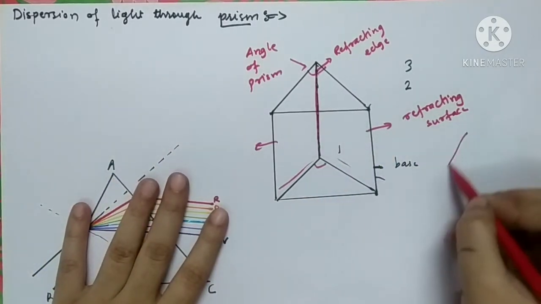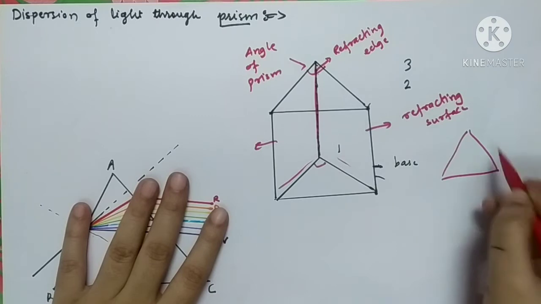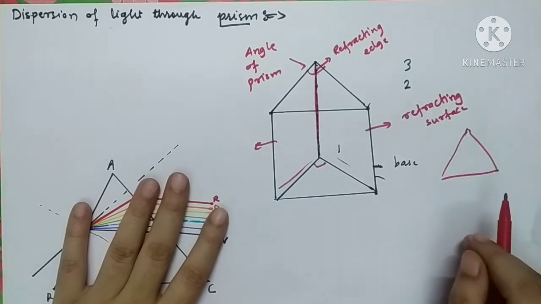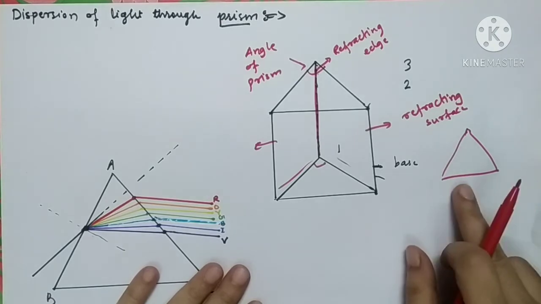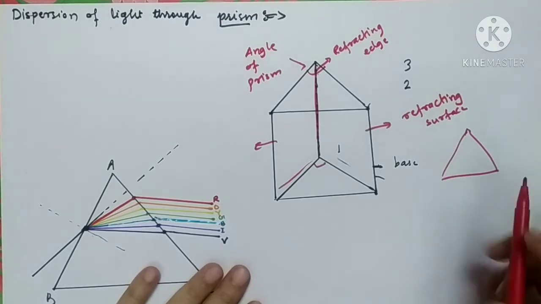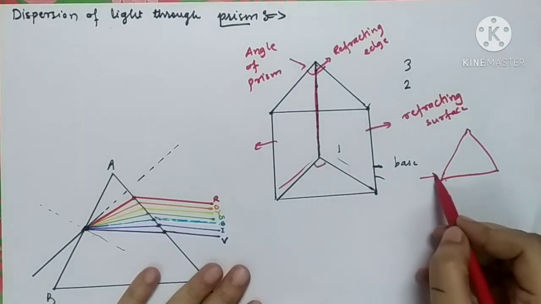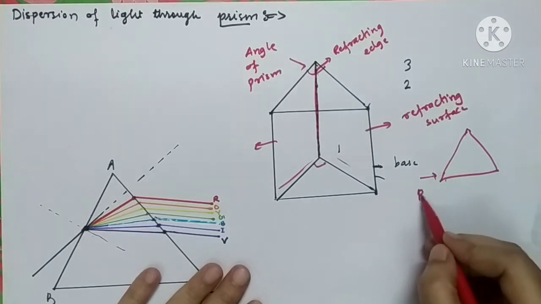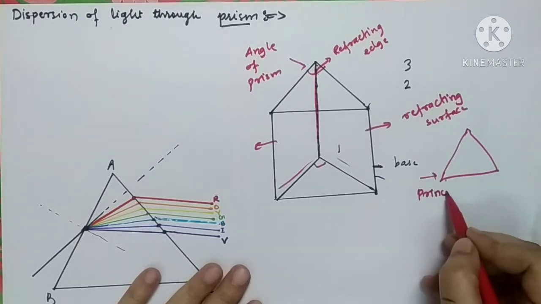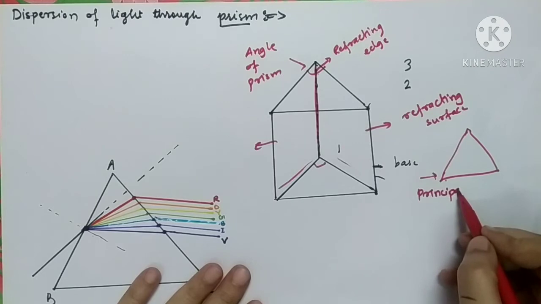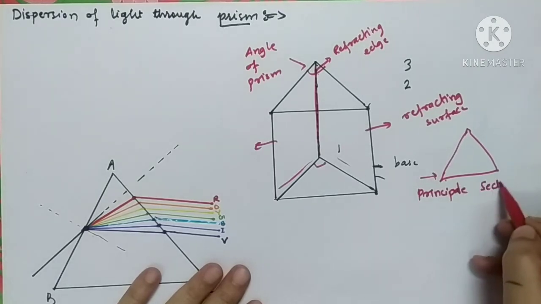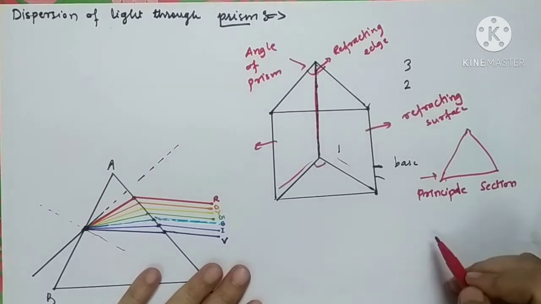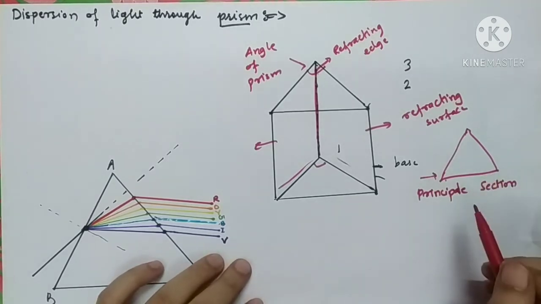We will get triangles only. One such triangle is called the principal section of a prism. This is called the principal section of a prism.